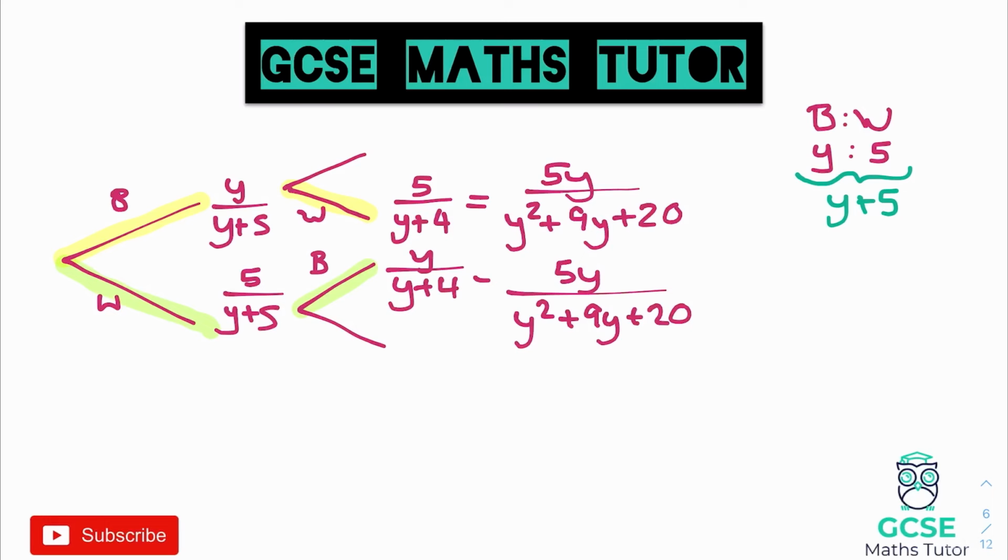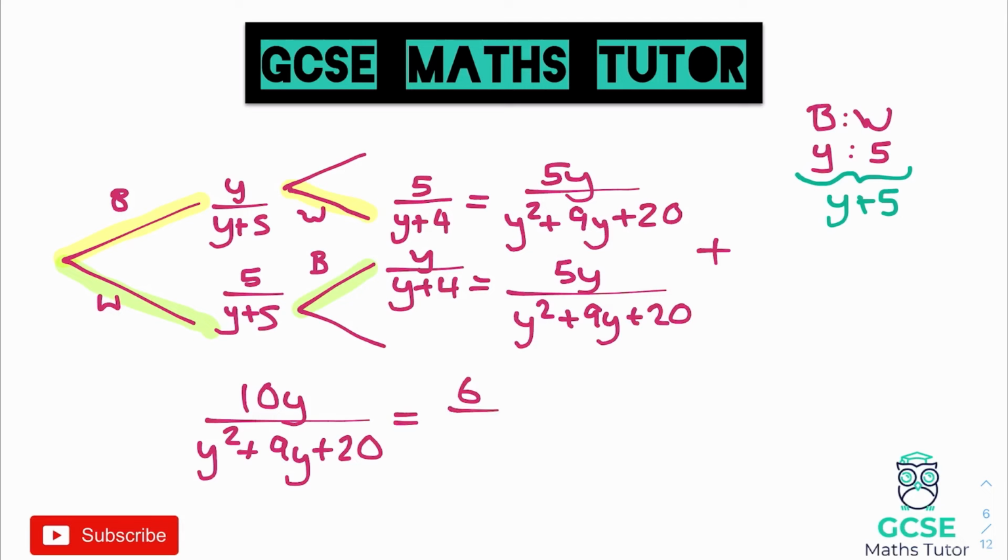Now we just need to add these two together, and if you remember from the question, it said that this probability, or these routes, were equal to 6 over 11. So if we add those two together, let's put a plus sign over here, we get 10y over that denominator, y squared plus 9y plus 20, and that is equal to 6 over 11. And again, we've got a similar question, we just need to cross multiply.